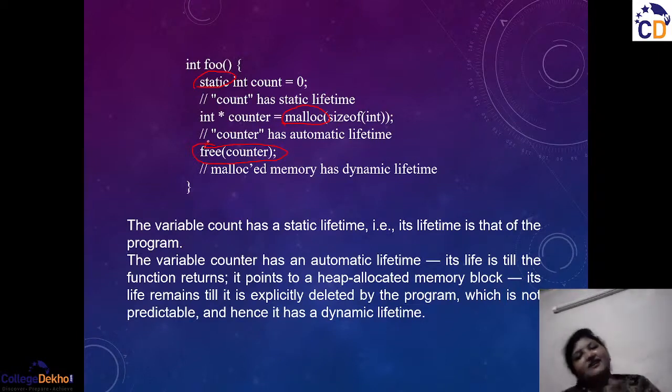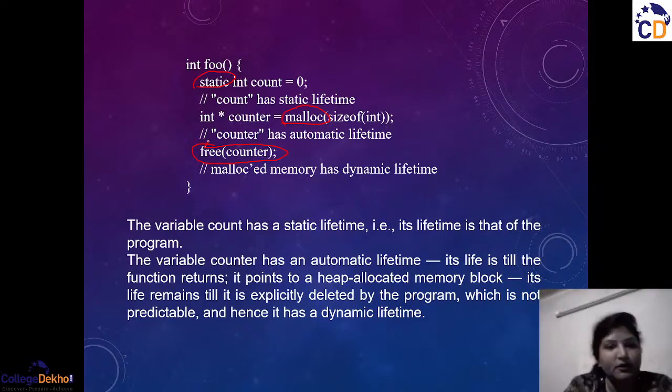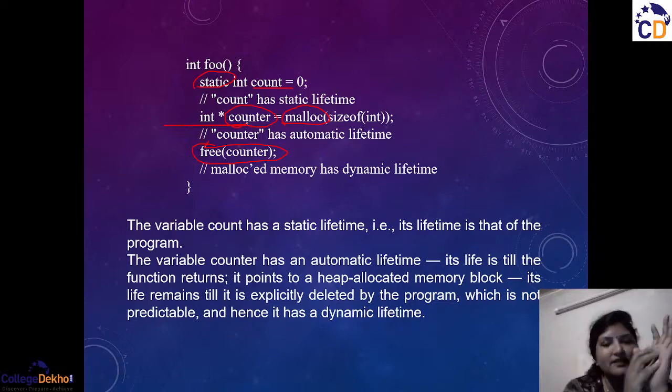To counter. That is the counter variable, because we are not freeing the static variable, that is count. We are using the free function for the counter variable, for which we have used the malloc function for allocating the memory. So let us see the important points out of it.